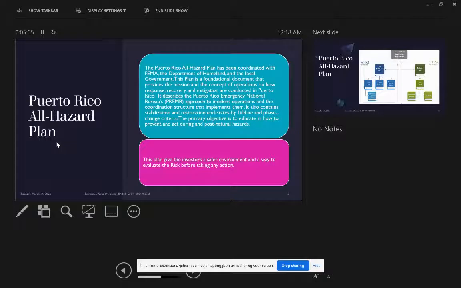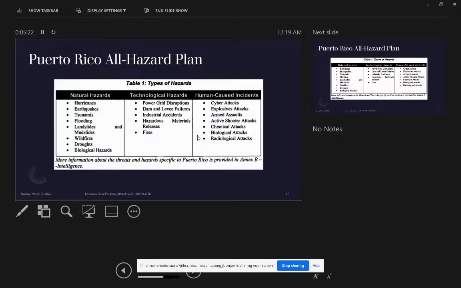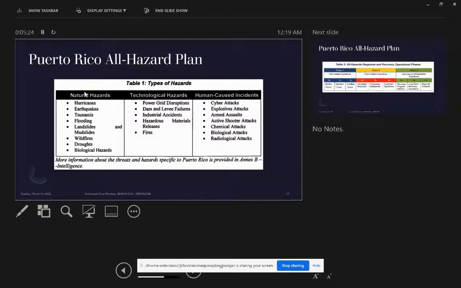cybersecurity, and others. They also give an opportunity and a flow chart that gives the idea of how they will be working on any of these hazards that could be impacting.